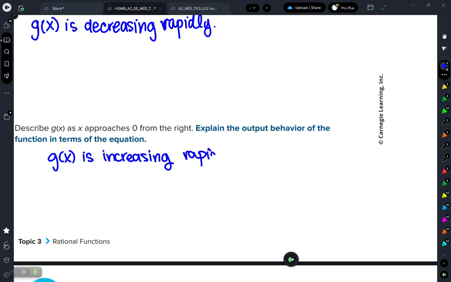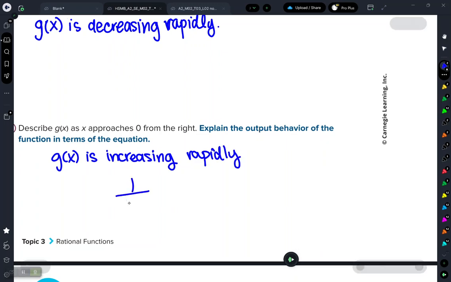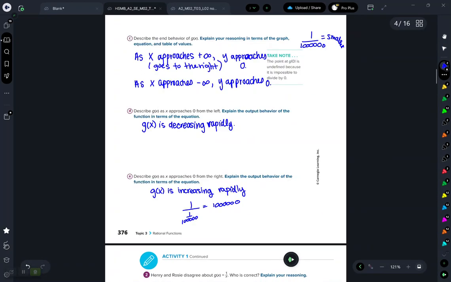So say it's increasing rapidly, and that's because you're plugging in tinier and tinier things. You could write it as a fraction, like a millionth. 1 over a millionth is a million. How many millionths go into 1? A million.